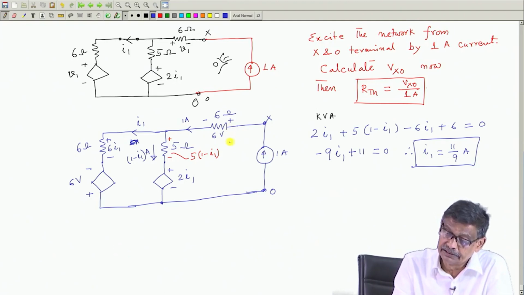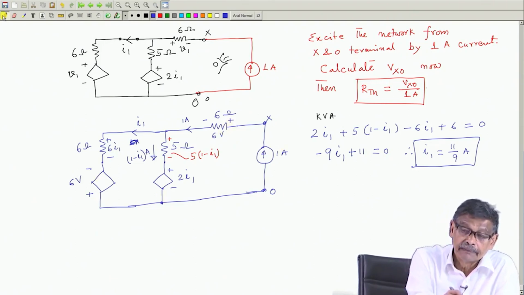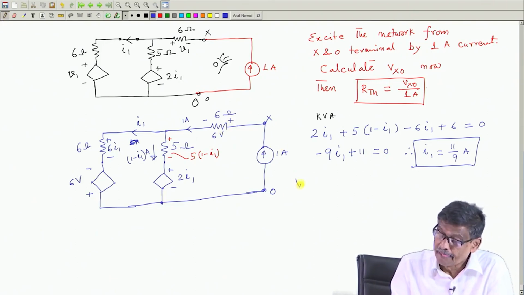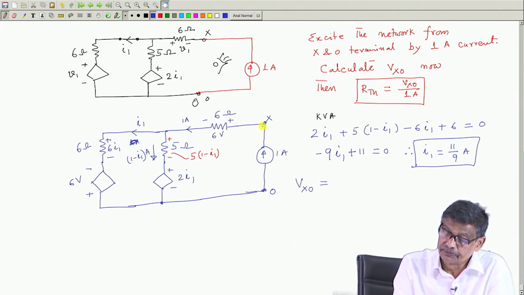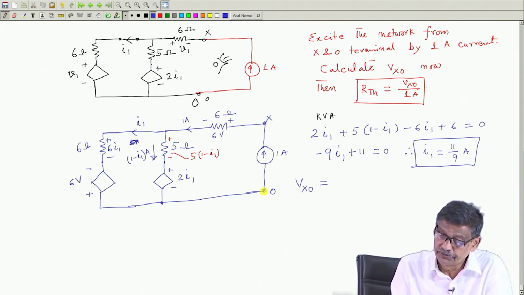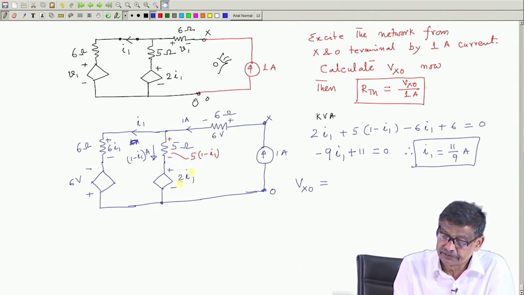Mind you, this is so. Therefore, I will say Vxo in this network, potential difference between these two. Start your journey from O and try to reach x via this path.